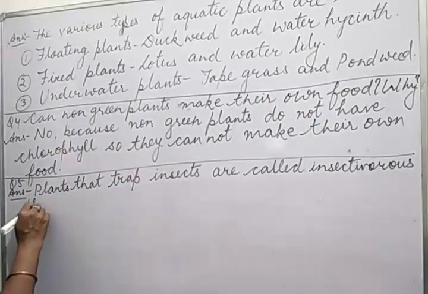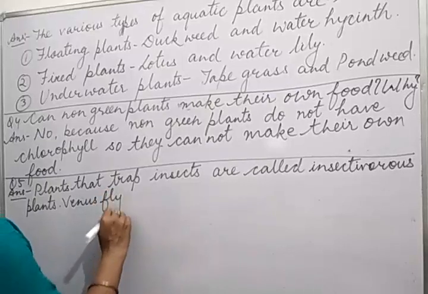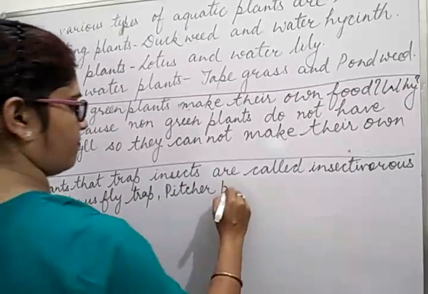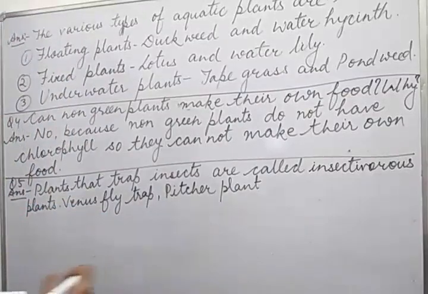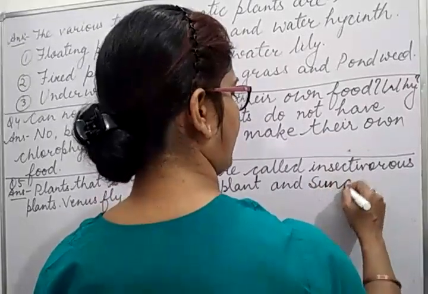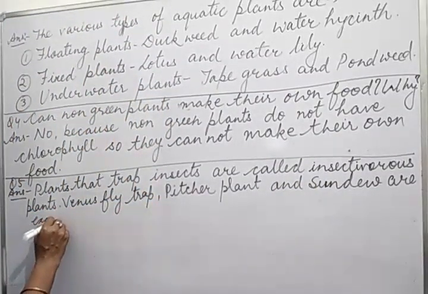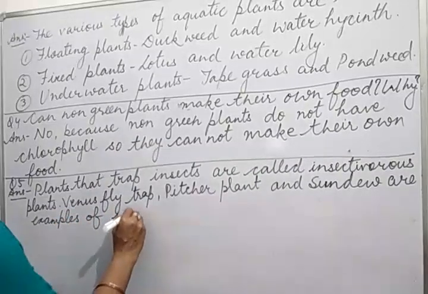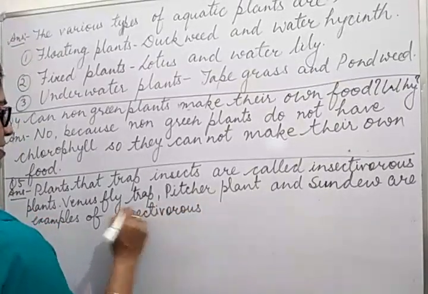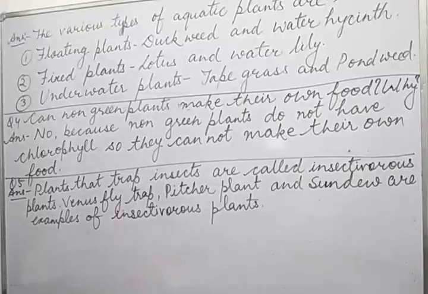Venus flytrap, pitcher plant, and sundew are examples of insectivorous plants. So this was your question number 5, beta.